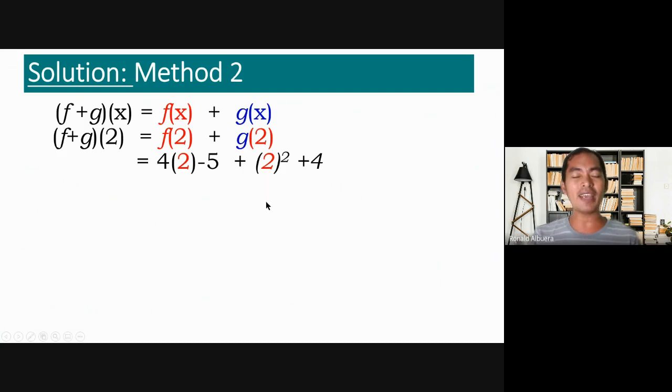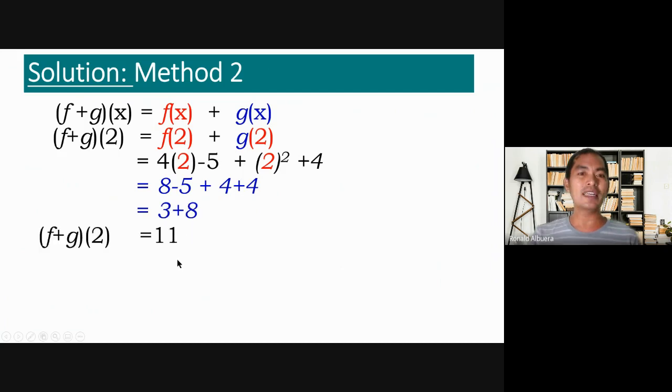So we have 4 plus 4 is 8. And 8 plus 4 is 12, plus 4, 16. Minus 5 is 11. So that's the value of the sum of the two functions evaluated at 2.